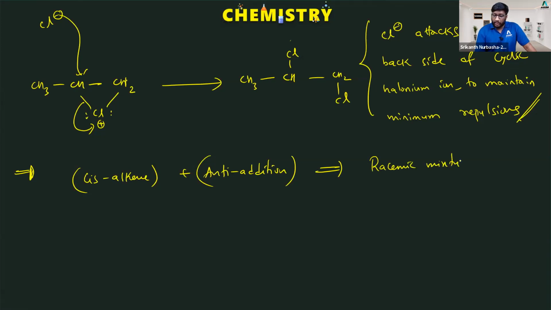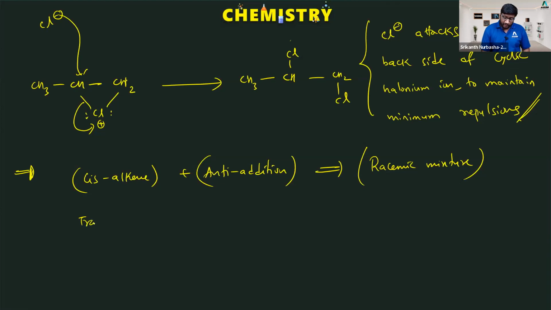Here I have taken propene, so there is no cis and trans. But if I take butene, I can have cis-butene and trans-butene. Addition of chlorine in the presence of CCl4 is anti-addition.